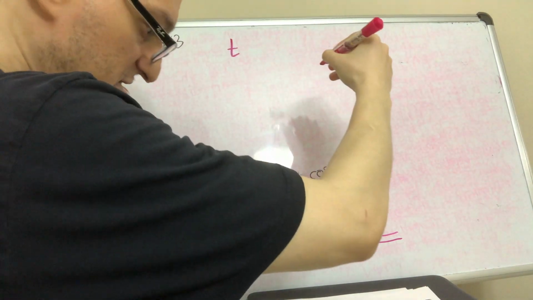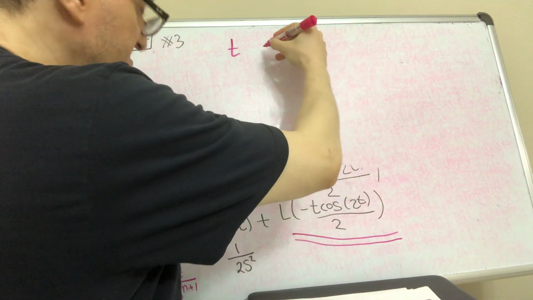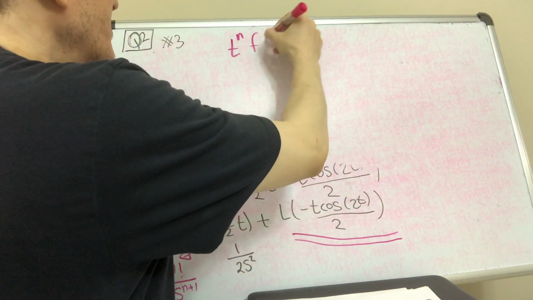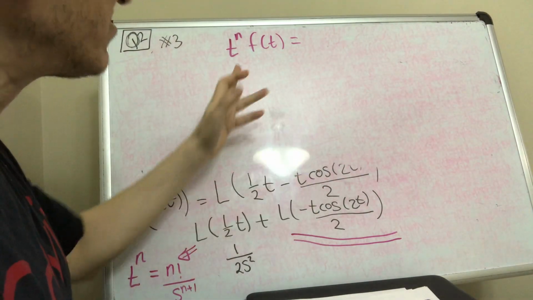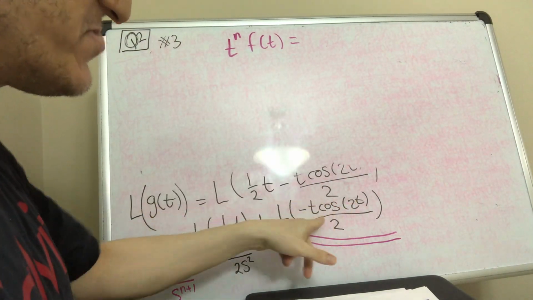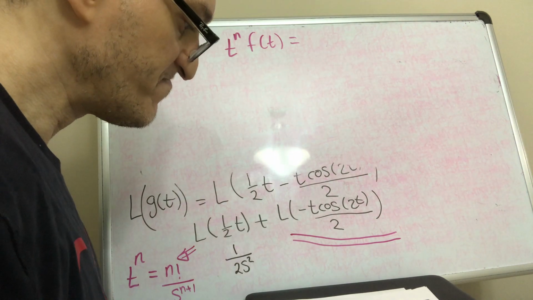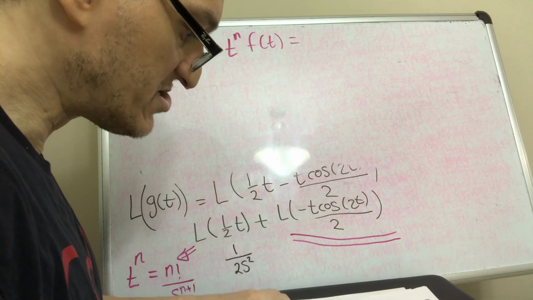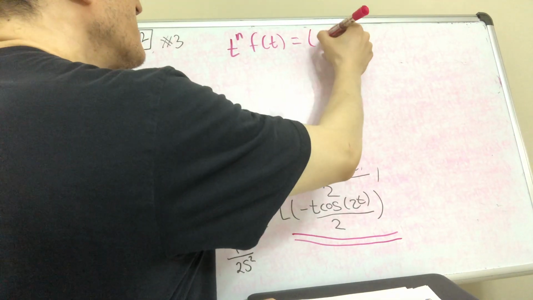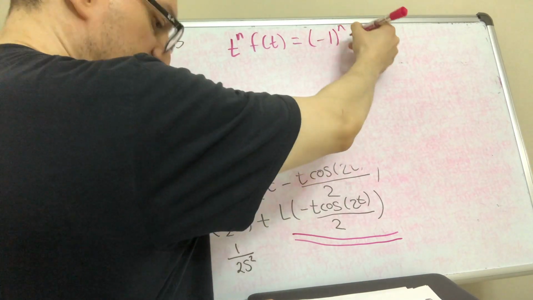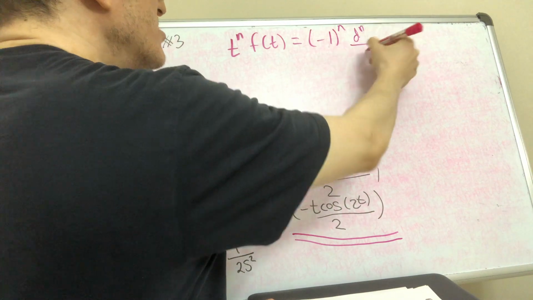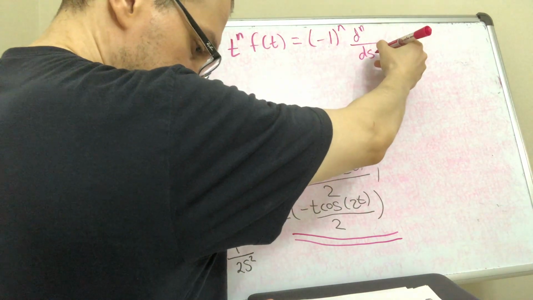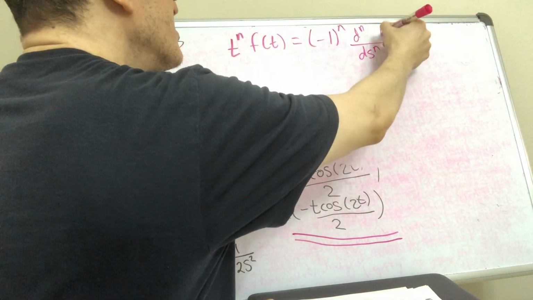When you have t to the n f of t, so t to any exponent and a function of t, the Laplace transformation for this would be minus 1 to the n, d n over d s n, F of s.